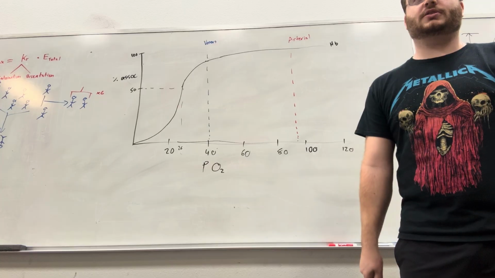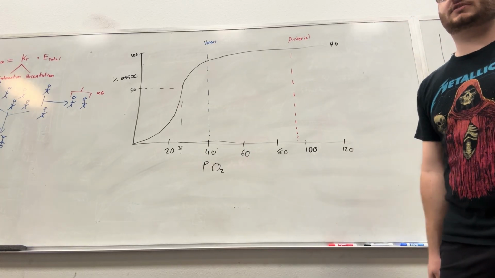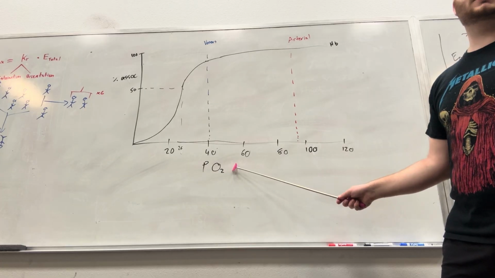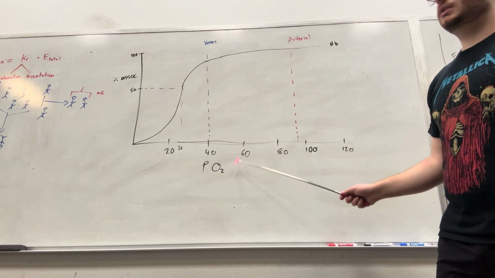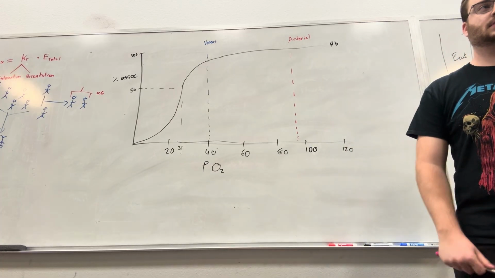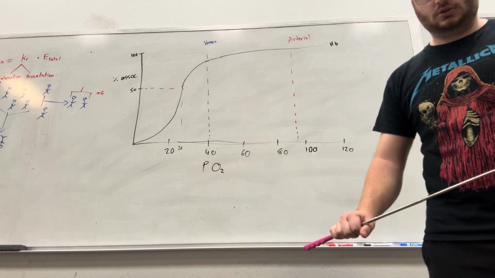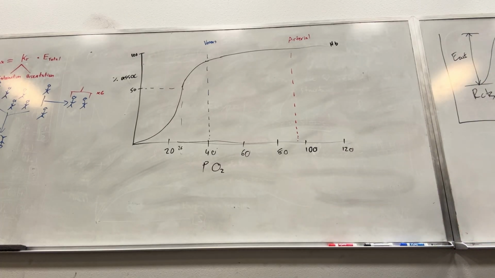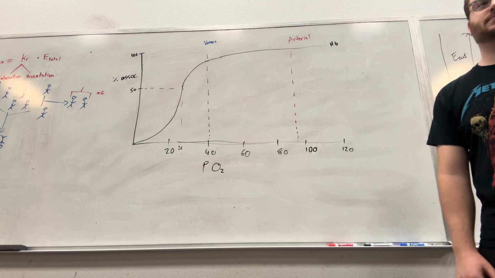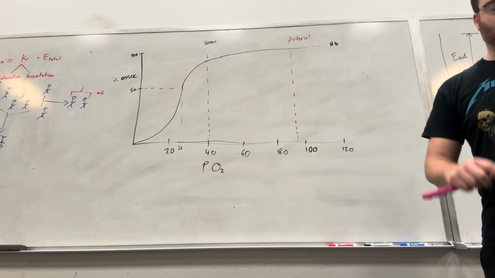Cool? That's really important to know. The partial pressure of oxygen dictates the percent association. Cool. Now, let's read this. Do we all know what partial pressures are? Yep, all right, sweet.